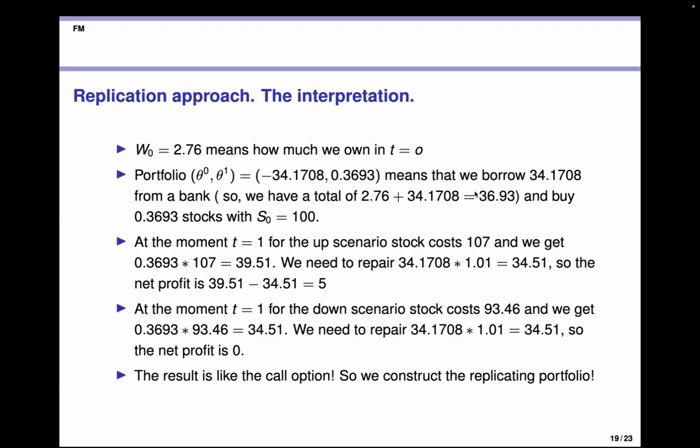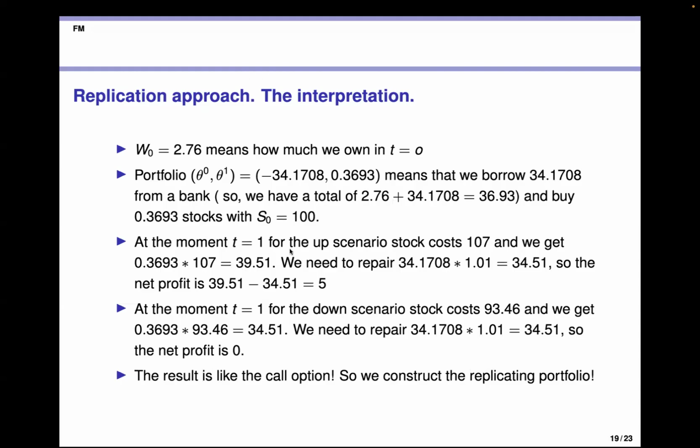So we had this money, and we bought this amount of stocks with initial price 100. You see, 0.34 multiplied by 100 should be exactly 36.93. So this is how this and this are connected.